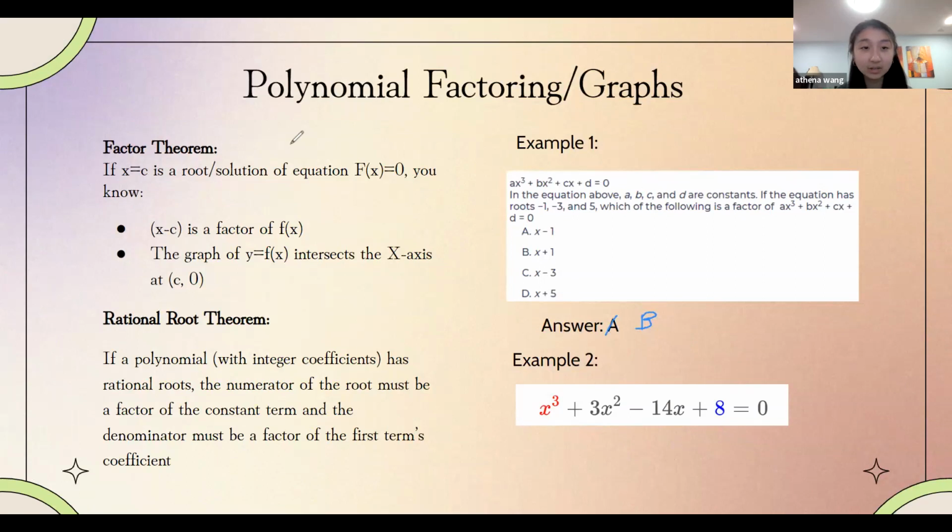Okay, so the next one is an example of the rational root theorem. This one should also be pretty fast.